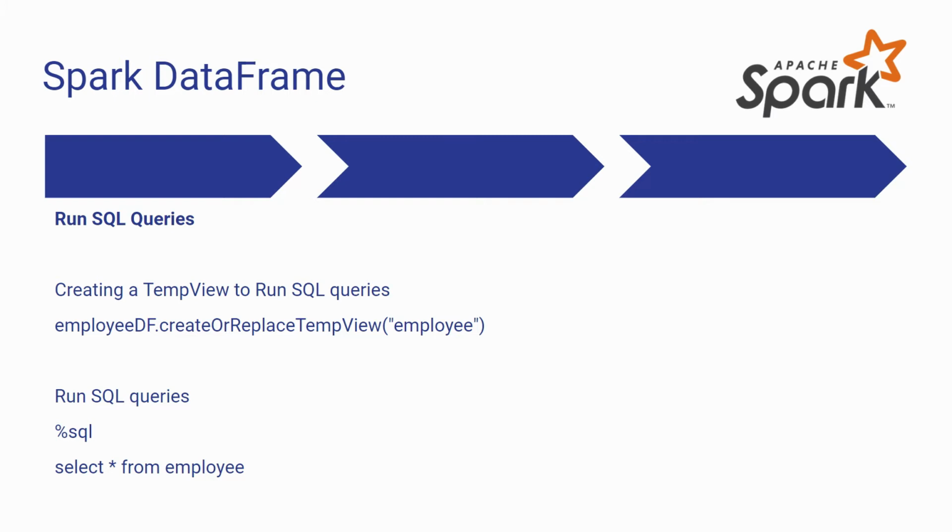It will create a temporary view named employee, and we can run SQL queries by using %sql, which indicates Spark SQL queries, and we can write select star from employee, a generic SQL statement to retrieve all records from the employee temp view.